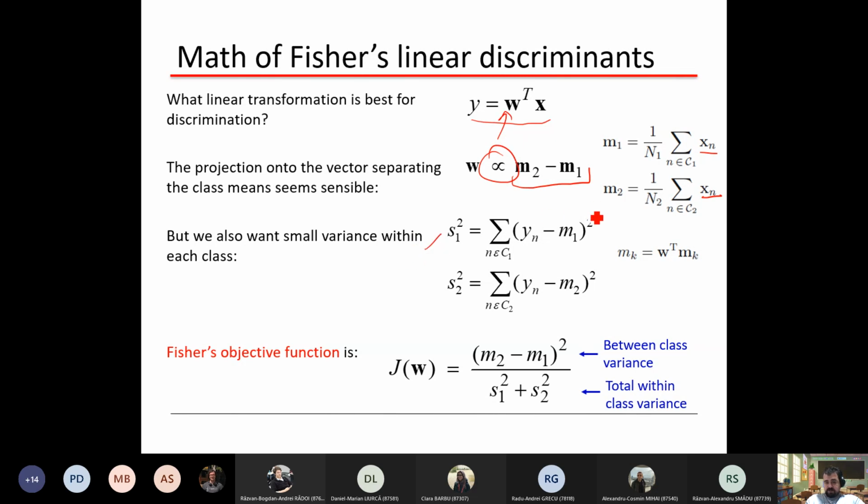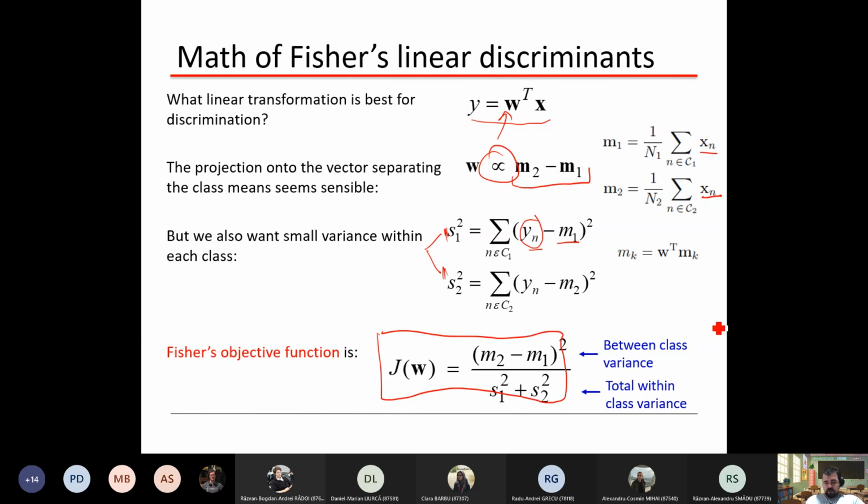The variance from each class will be the summation over all the points from one class of the point minus the mean, squared. So how far these points are from the mean of the class, to the power of 2. And once we have the variations from both classes, we can compute Fisher's objective function, J of w, which is (m2 minus m1) squared divided by s1 squared plus s2 squared.